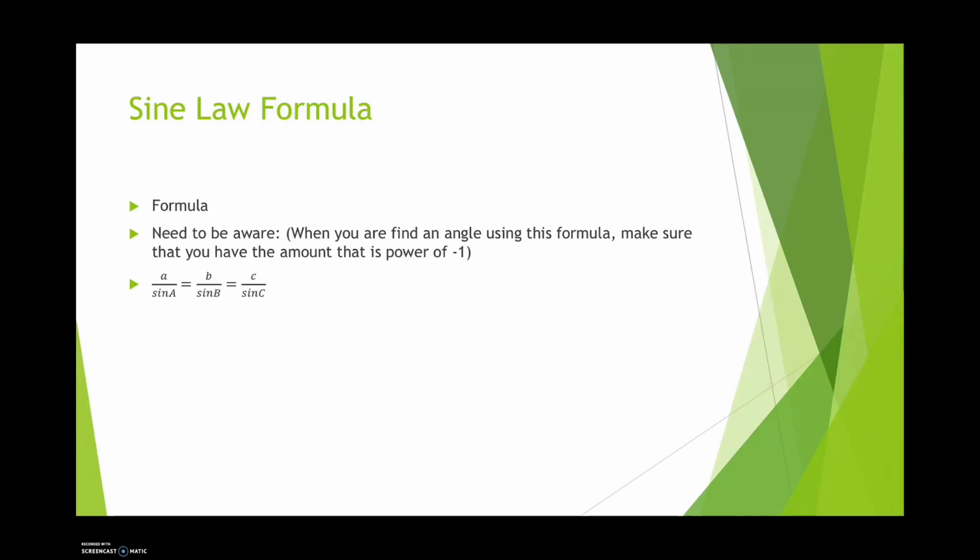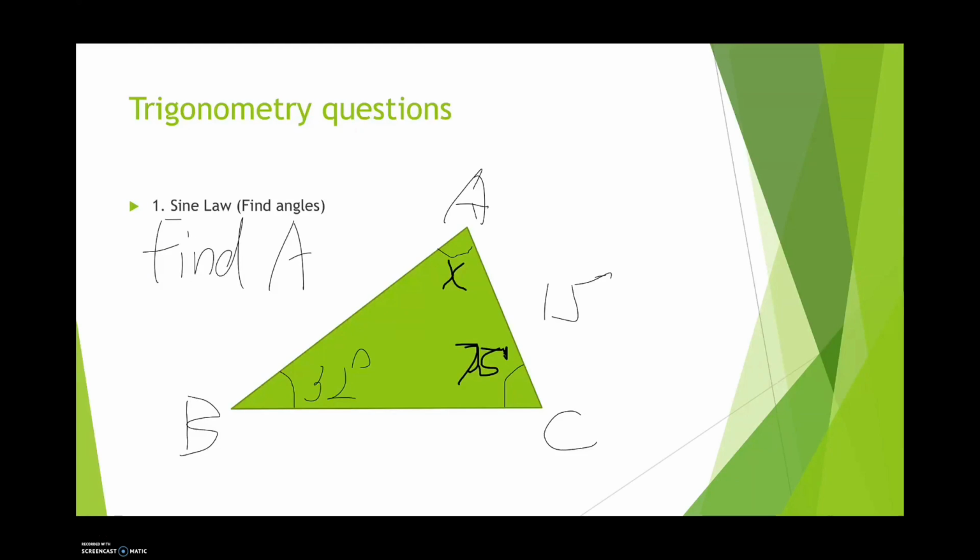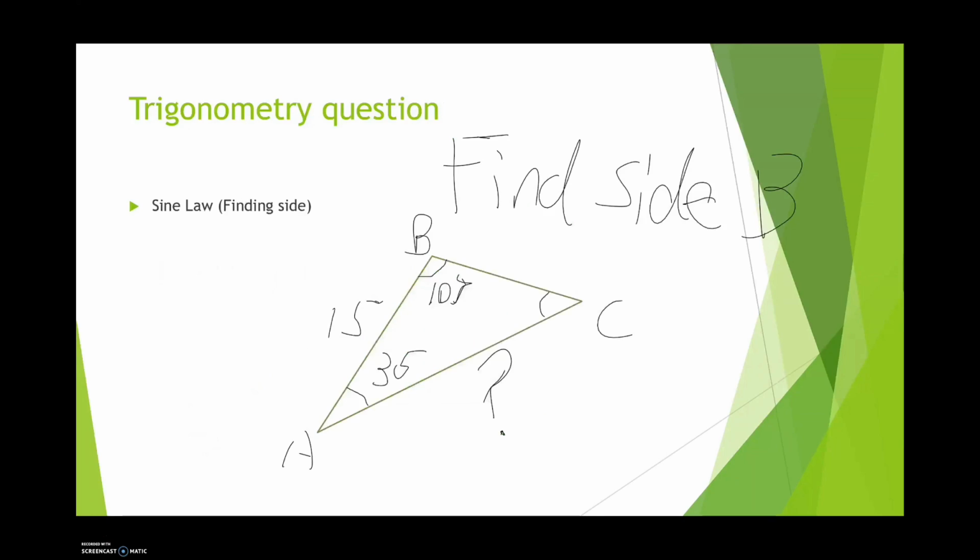This is the formula: a over sine A equals b over sine B equals c over sine C. This is the trigonometry question to find A, and you can also see this question in my Kahoot questions. And the sine law, finding sine B.